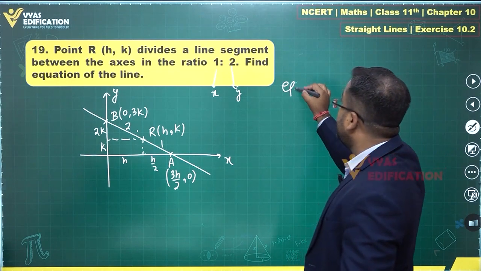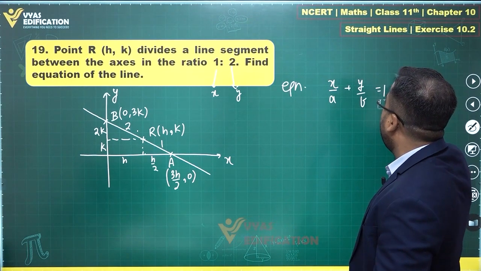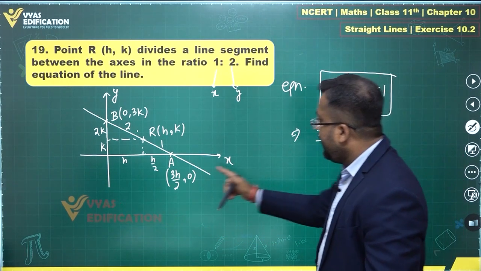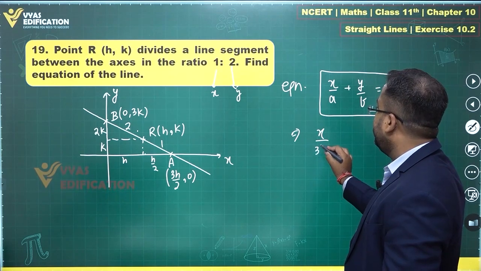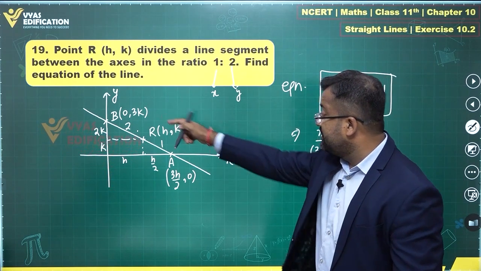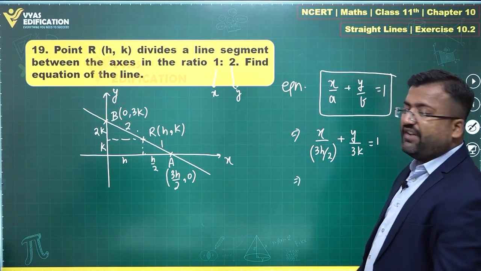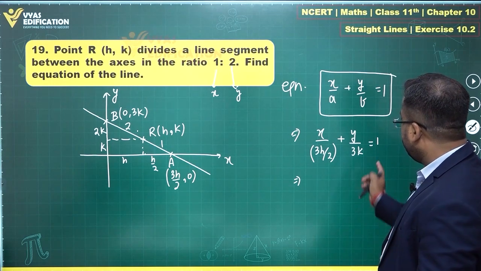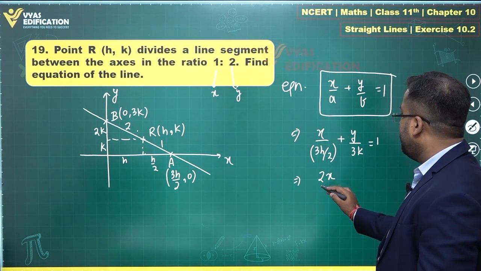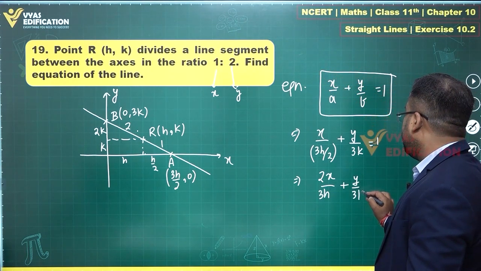So the equation of the line is x by a plus y by b equals 1, which becomes x by 3h by 2 plus y by 3k equals 1. This can be further simplified: in the denominator we have 3, so the 2 comes above, giving 2x upon 3h plus y upon 3k equals 1.